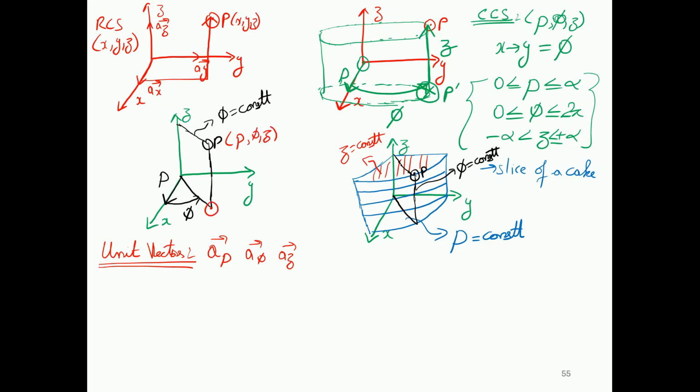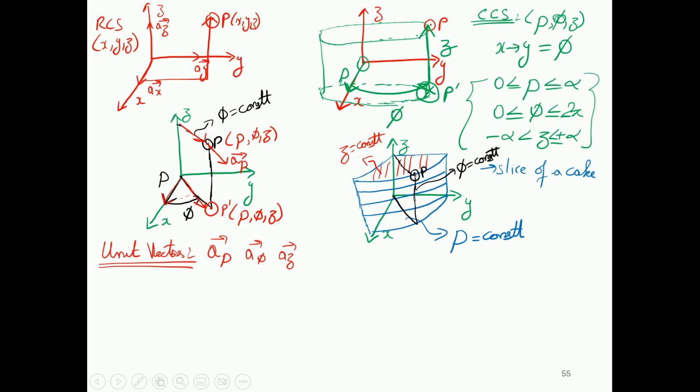Similarly, if I have the image P dash, so it will be rho, phi and z. So where are the unit vectors at point P and P dash? So we always know that this is going to be my radial component. So we say this is unit vector a of rho because it is moving in a certain direction. So we can say if this is point rho, I can move it to this point as well, and its image is also over here. So this is a rho.